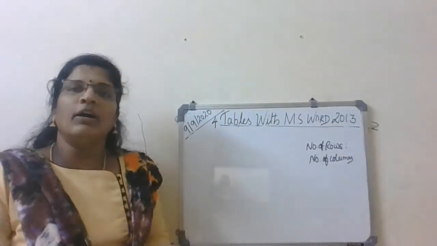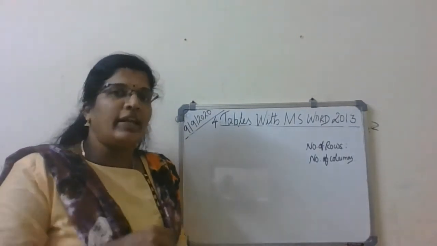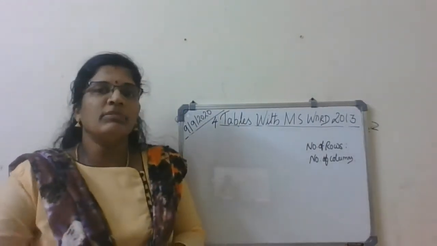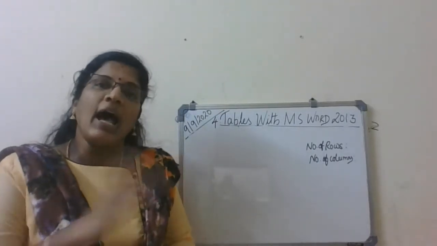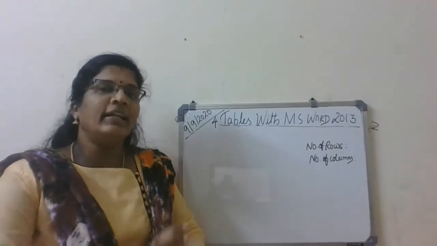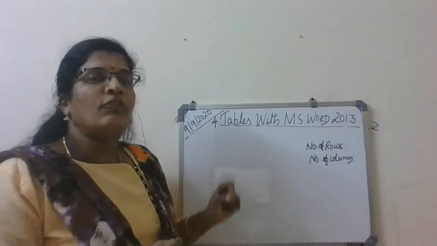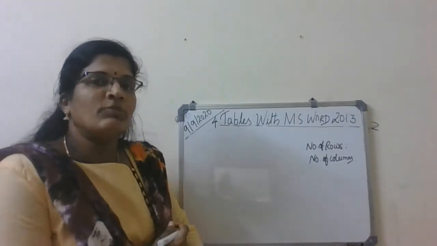How many rows and how many columns we need, you should decide before creating a table. Even if you make a mistake, no problem. We can add and delete rows and columns. So let's see how to do it. For the number of columns we will see first.